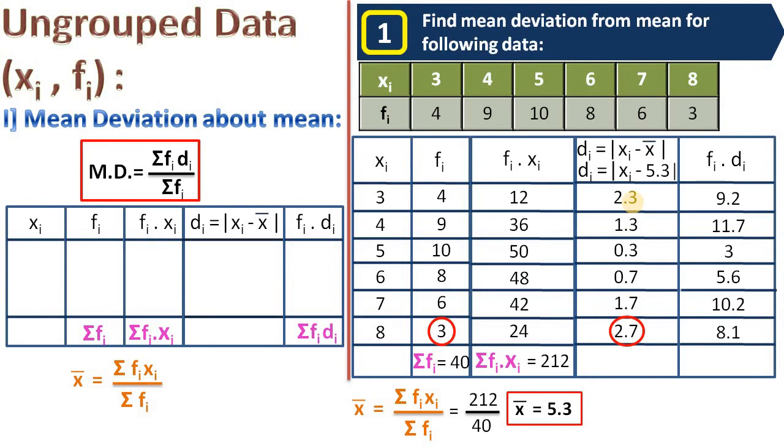So this is the column fi di, which is obtained by multiplying fi to its corresponding di. So carefully do these calculations.